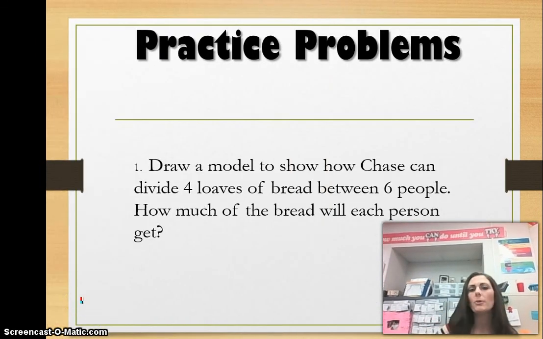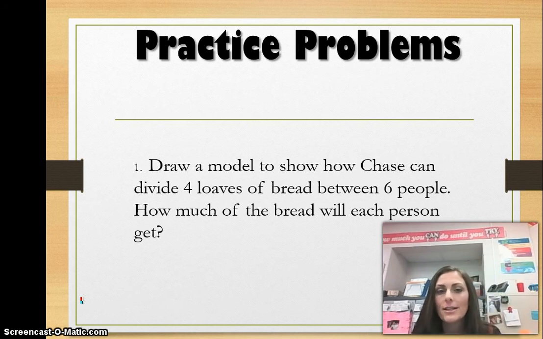Now, here's your first practice problem, and it's in a story problem. And I want you to draw a model to help you, just so you can see the model. I'm more of a fraction bar type of person, but you can do a number line if you want. This says draw a model to show how Chase can divide 4 loaves of bread between 6 people. How much of the bread will each person get?